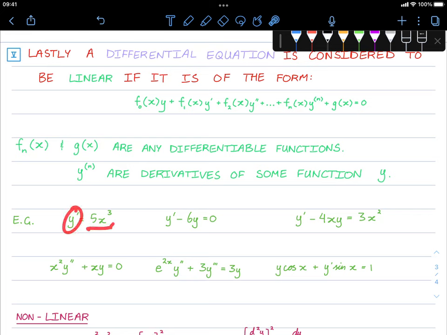This is of the form, just these last two. It's 1 y prime, so 1 is a function of x, y prime, equals this g of x. If we move across, we get 5x cubed.